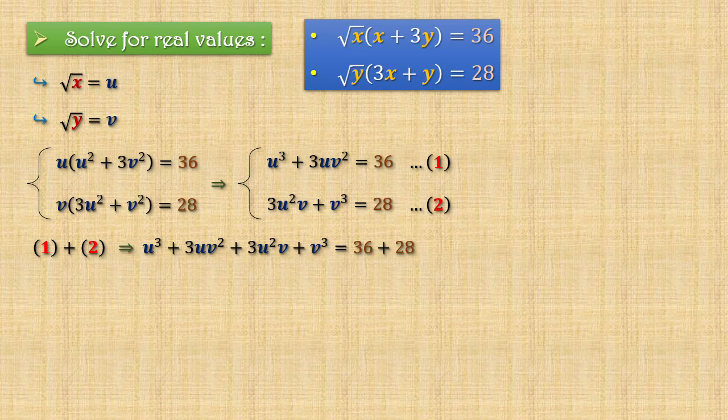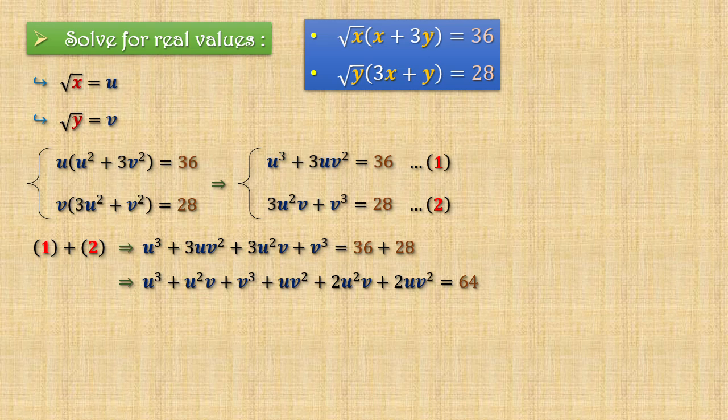By rearranging the terms of the left-hand side of this equation, and adding its right-hand side terms, we get u cube plus u square v plus v cube plus uv square plus 2u square v plus 2uv square equals 64.